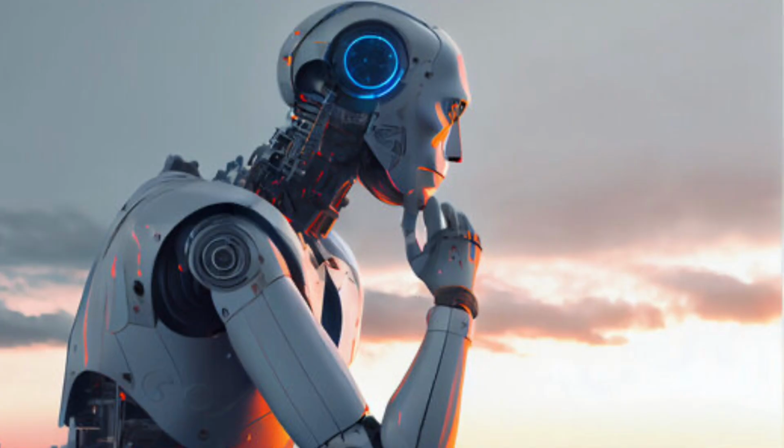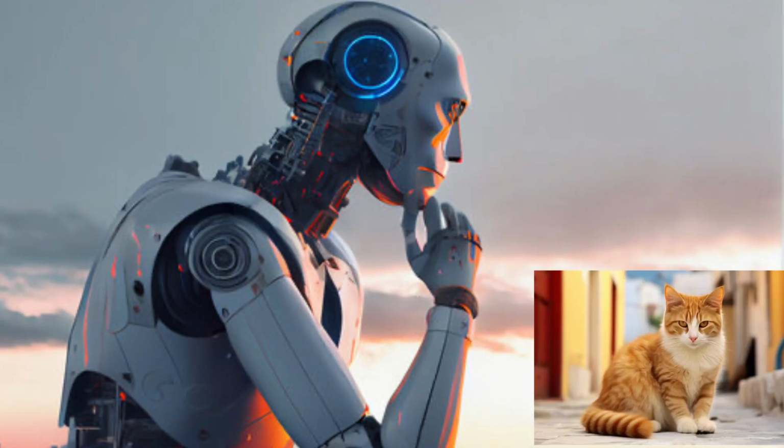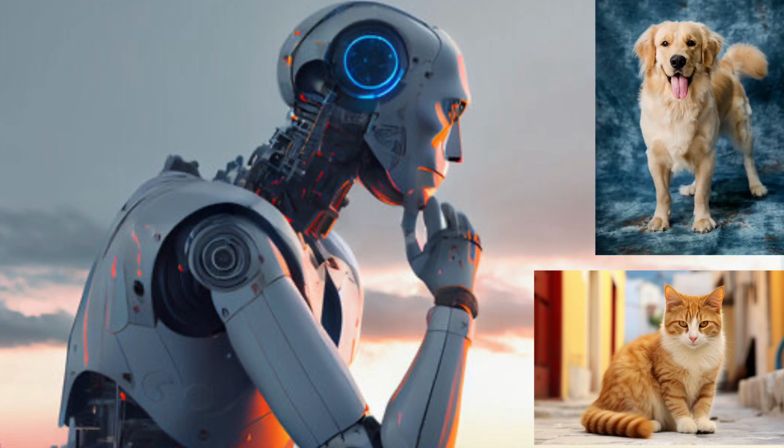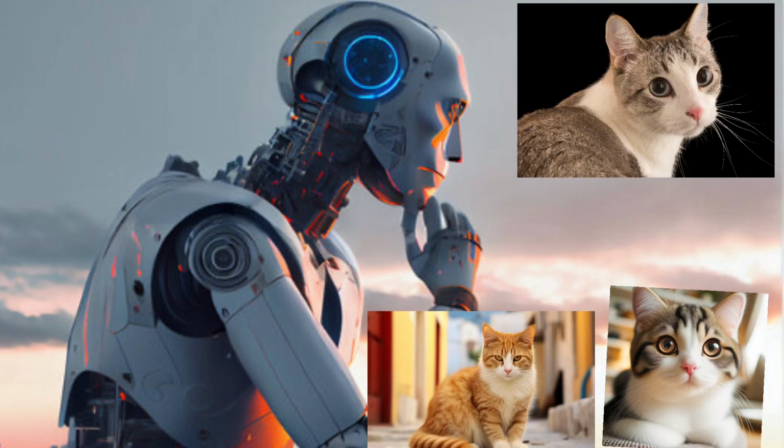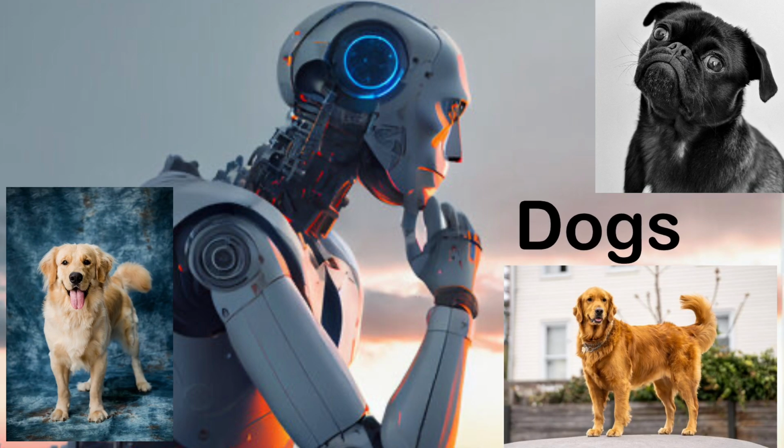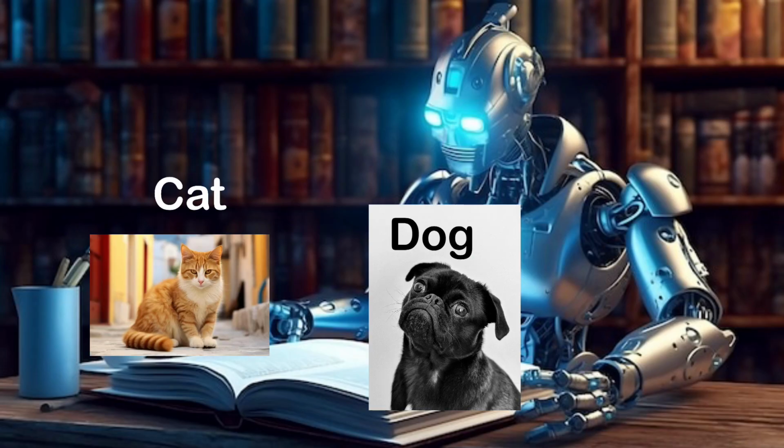Now let's talk about some actual examples of machine learning. Let's say you want a computer to recognize whether a photo is of a cat or a dog. With machine learning, you provide the computer with a set of labeled images, some labeled cat and others labeled dog. The computer studies these examples and learns the patterns that distinguish cats from dogs, like their ear shapes or fur patterns.